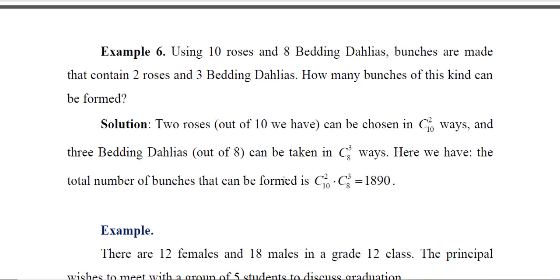Now the next example: there are 10 roses and 8 other flowers, and bunches are made that contain 2 roses and 3 other flowers. How many bunches of this kind can be formed?